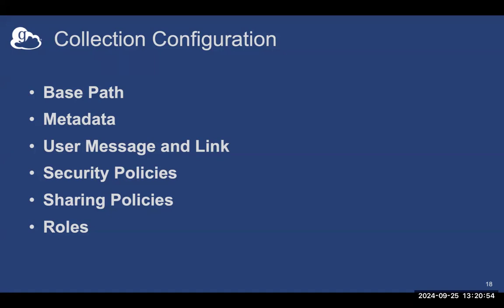There's also metadata for collections, which is very important for users to be able to find your collections. There's a user message, which allows you to sort of communicate interesting bits of information about how to use this collection. There are security, sharing policies, and again, roles like we saw with the endpoint.